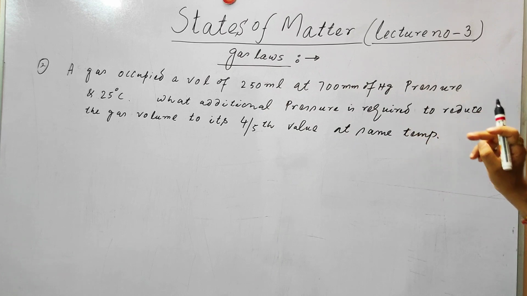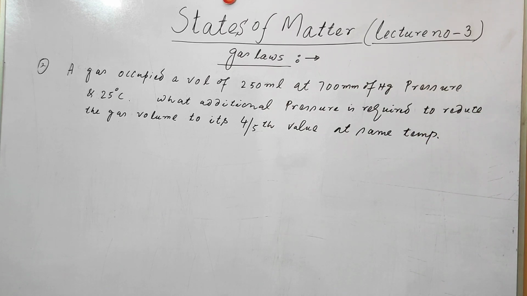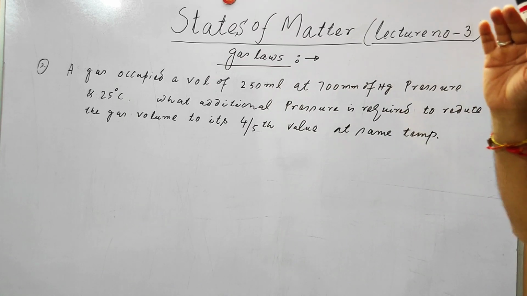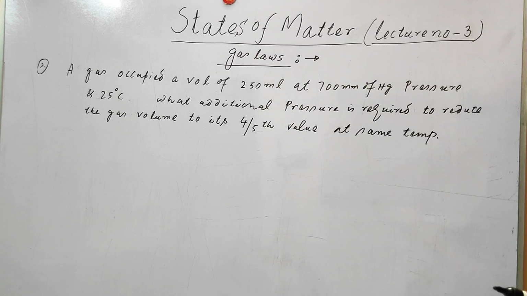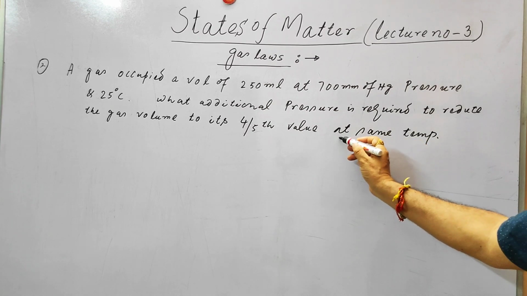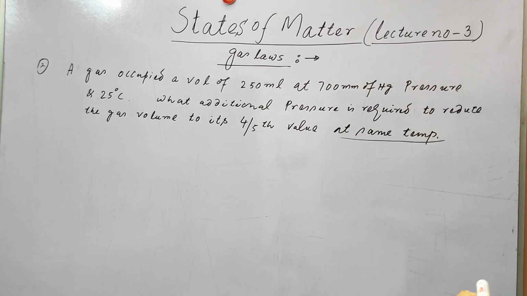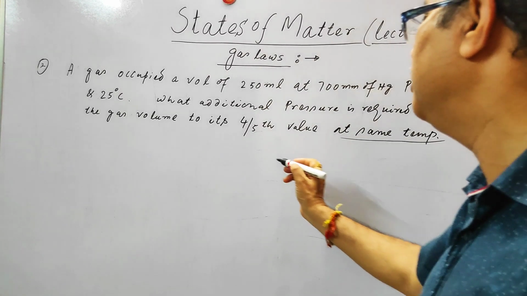An additional pressure is required to reduce the gas volume to 4 by 5 of its value at the same temperature. When you give pressure, the volume will be reduced, meaning you have to increase the pressure. Since it is the same temperature, it means we have to solve it from Boyle's law.